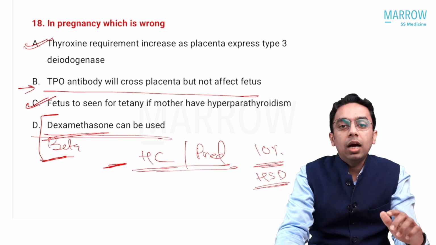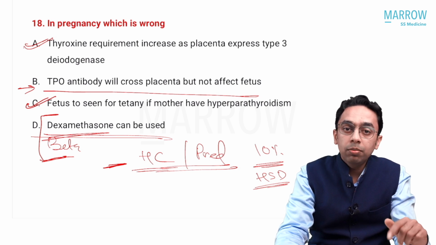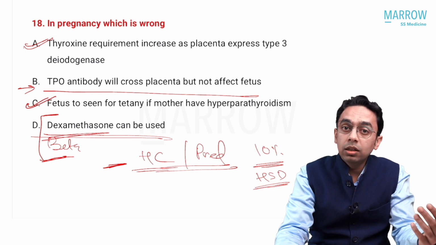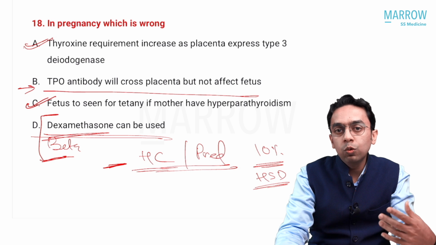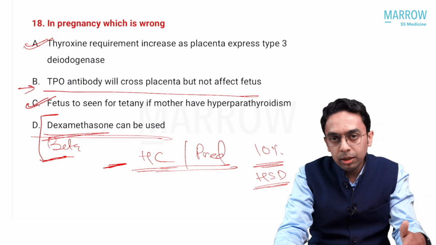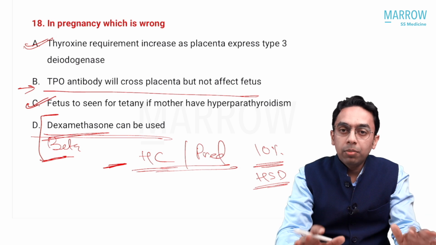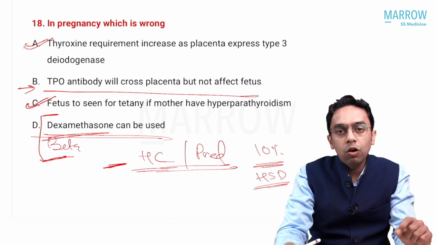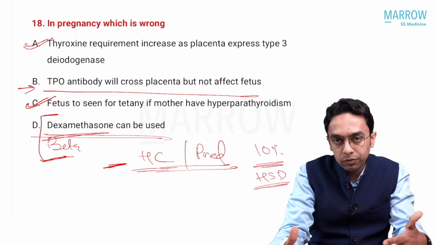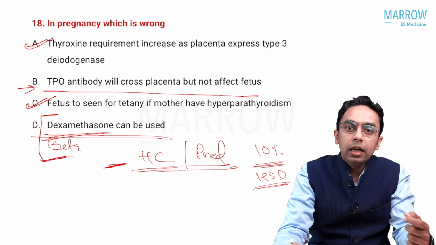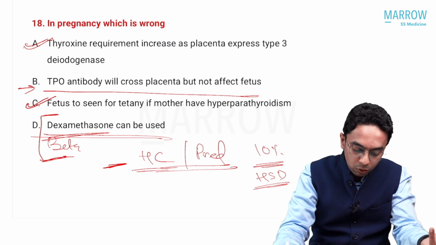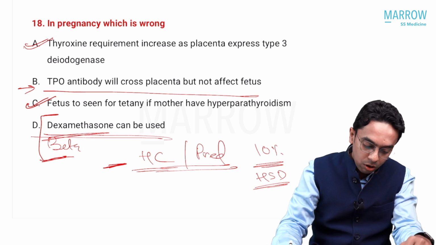But there are studies which show that in mothers with recurrent miscarriages, those patients who have TPO antibody, maybe it may not be a cause, but they have a higher incidence of this TPO antibody. Patients can have a correlation with miscarriages, and the guidelines suggest that you may consider treatment. So this is also not absolutely wrong here.